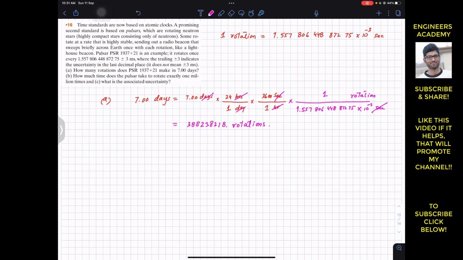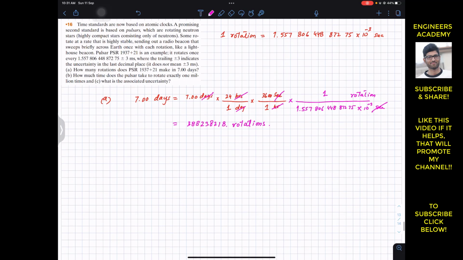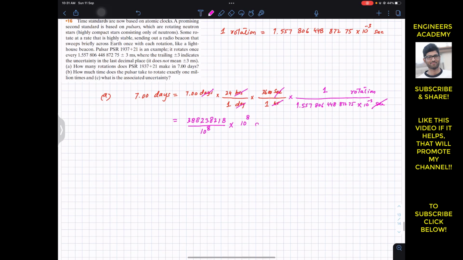So we need to multiply and divide this number by 10 raised to the power 8, so let me write this as 10 raised to the power 8 multiplied by 10 raised to the power 8 rotations.